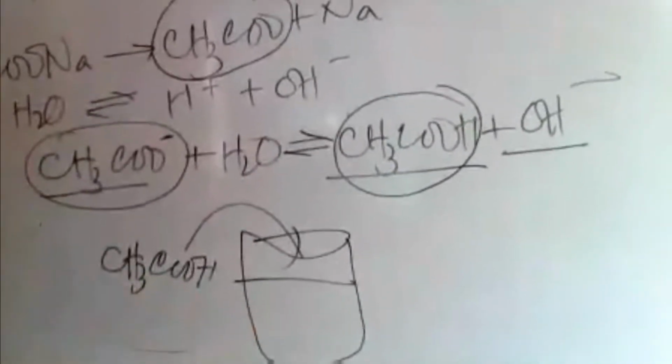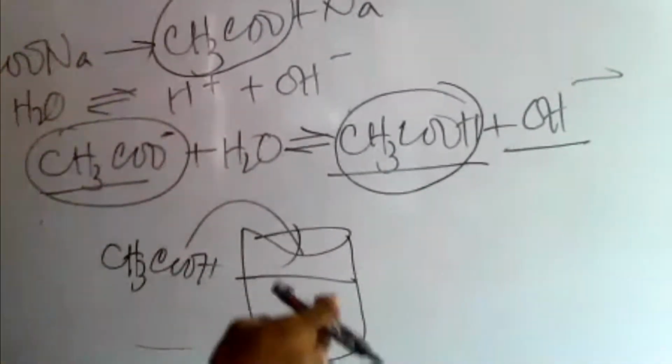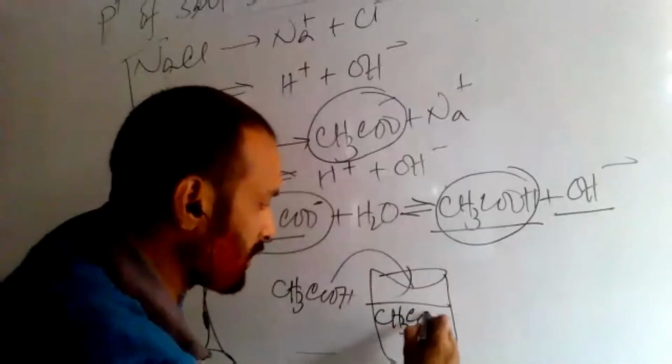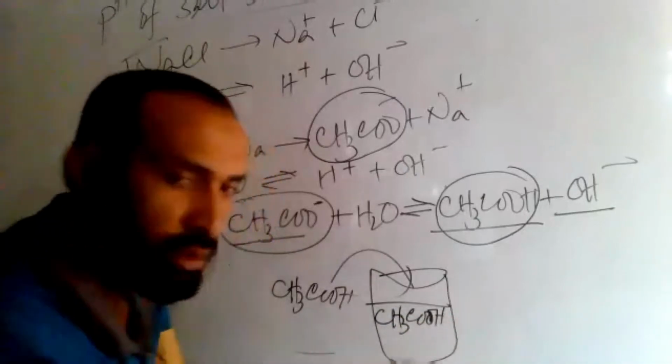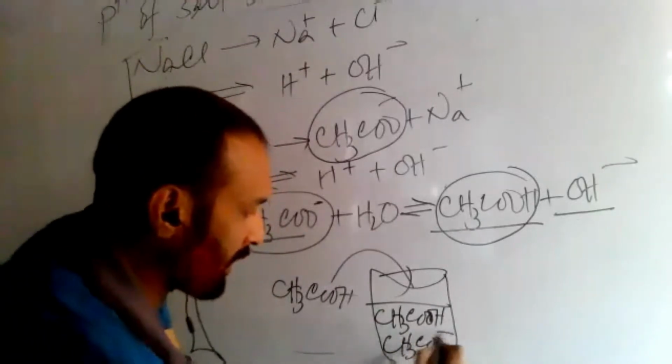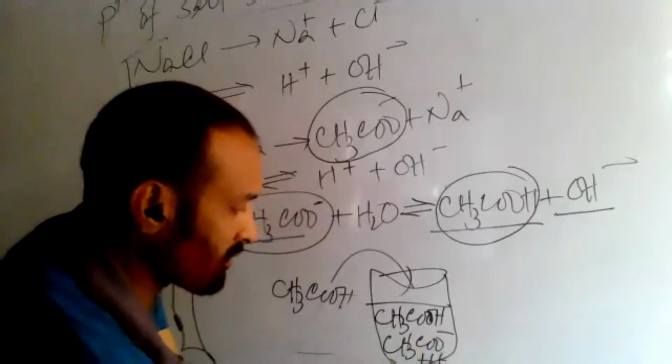So look at this reaction carefully. This is a beaker with water, and I'm just adding ethanoic acid. What products will form here? We get CH3COOH, which means no change, and we get CH3COO minus and H plus ions. But we get a large quantity of ethanoic acid, because ethanoic acid is a weak acid.